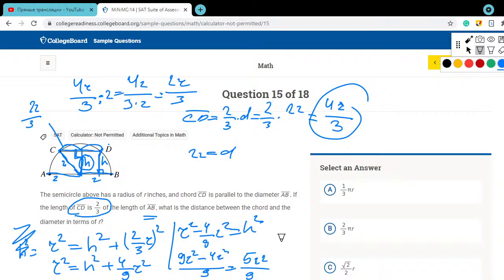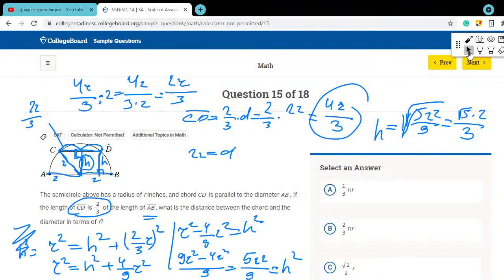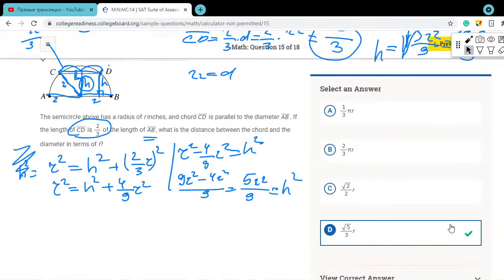So h equals square root of 5 r squared divided by 9, which is root 5 r by 3. Yep, this one.